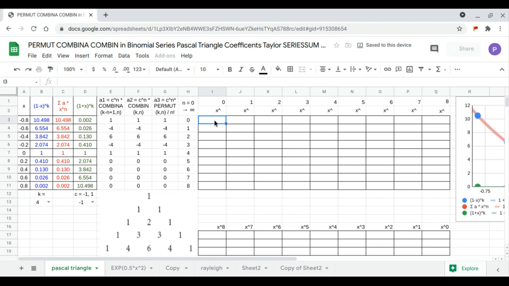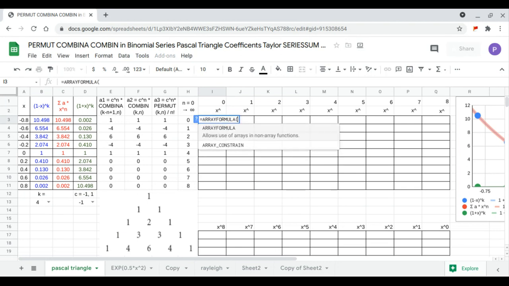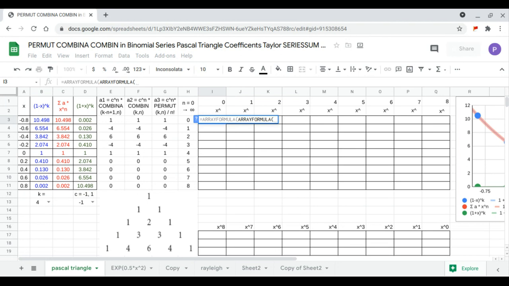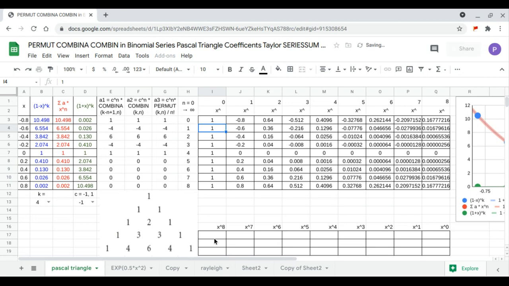And the elements of the Linest matrix, so array formula of the x values raised to the power 0 to 8. Now we can calculate Linest starting with the 1 minus x data set. Linest data y and data x.